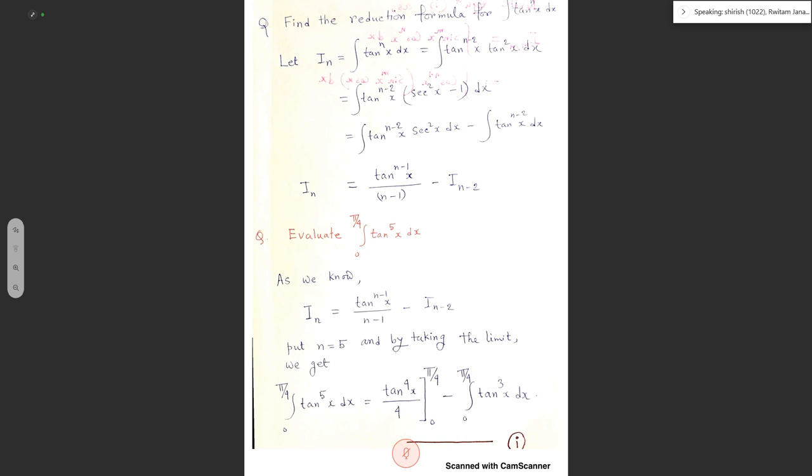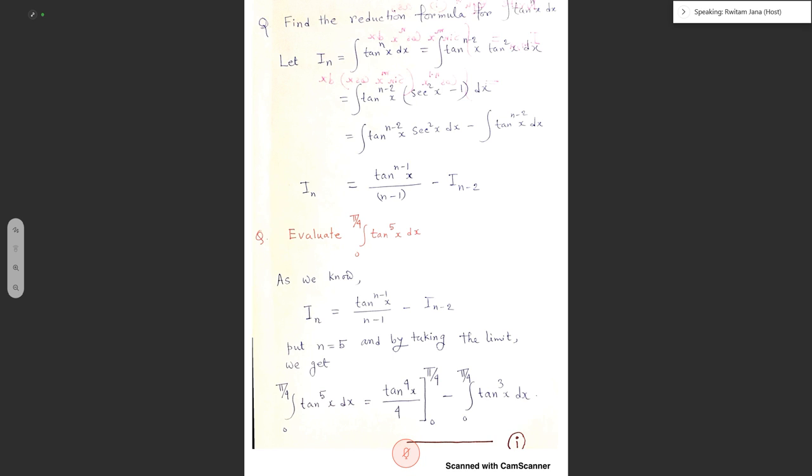So now integration tan to the power n x dx, I have written as tan to the power n minus 2 x into tan square x. And you already know from class 9-10 level basic trigonometry that tan square x equals sec square x minus 1. So now it's a very fantastic thing.